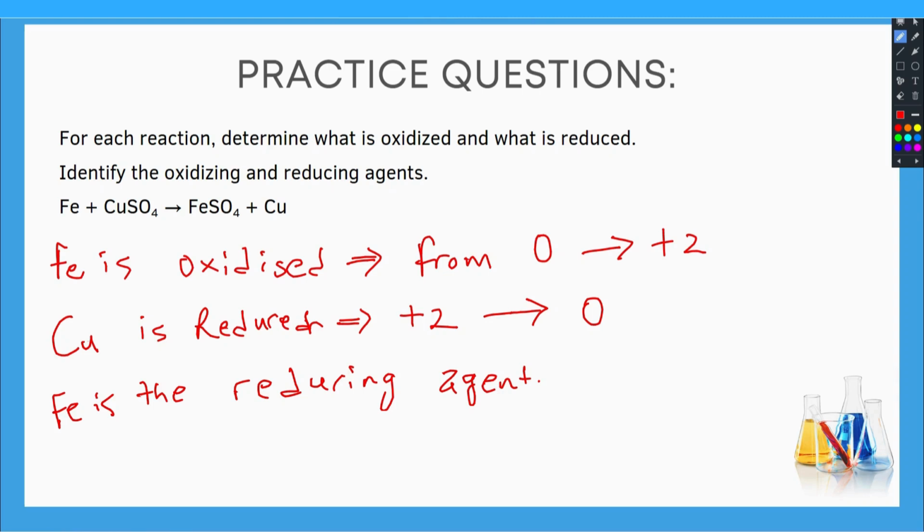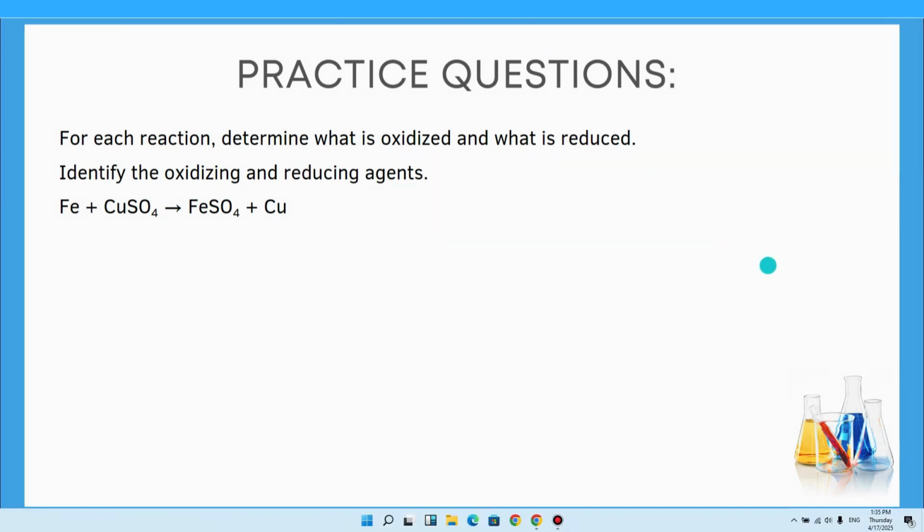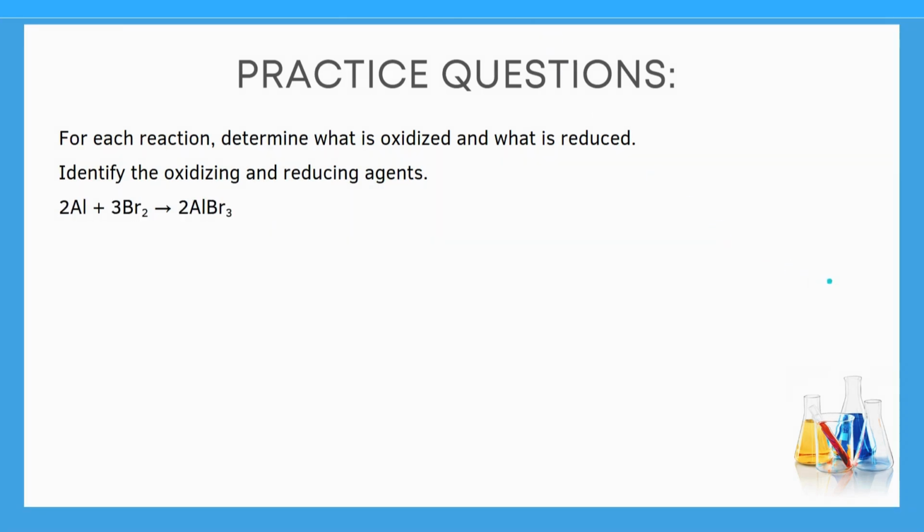And then copper, Cu, is the oxidizing agent. I'm sure you can see how everything here has played out. So I want you to deal with some of the other questions that we have. We have this, this, this, and this.